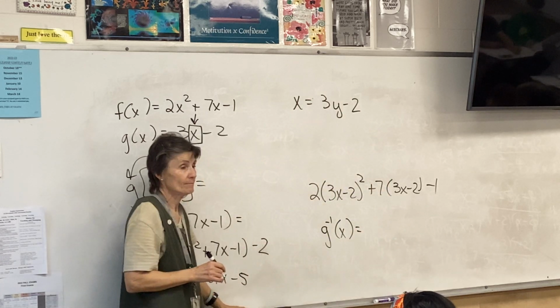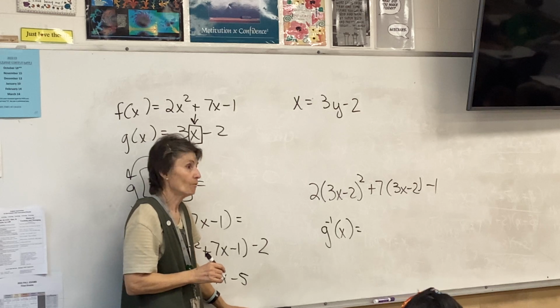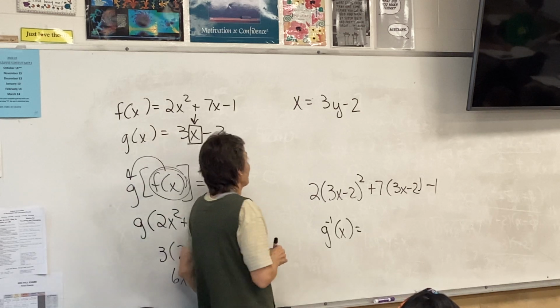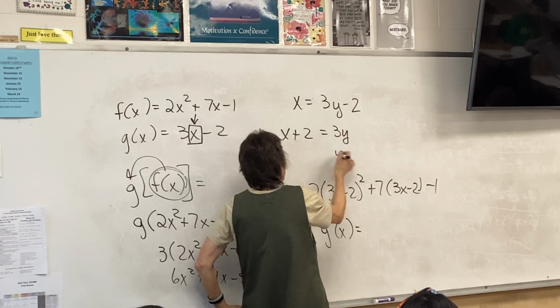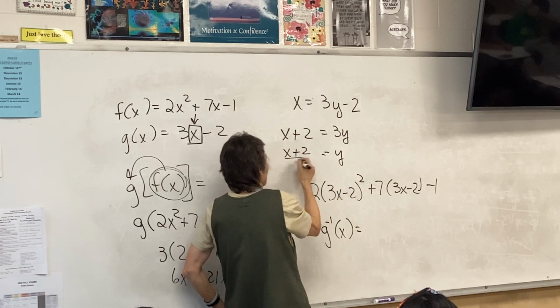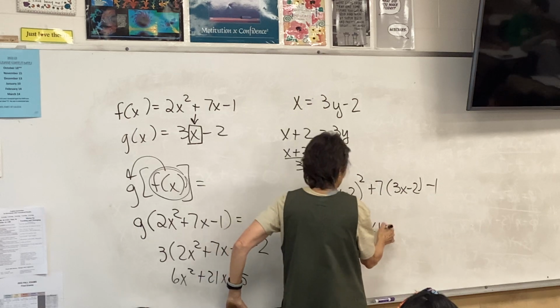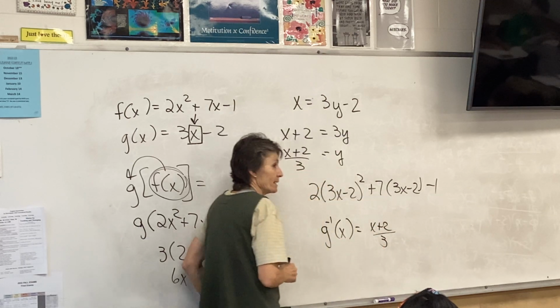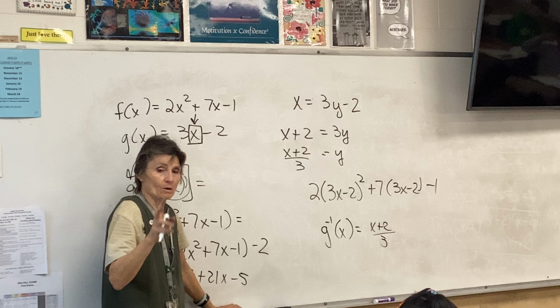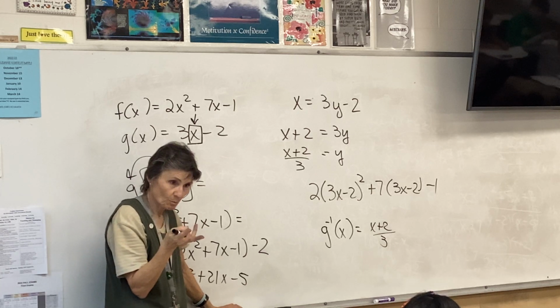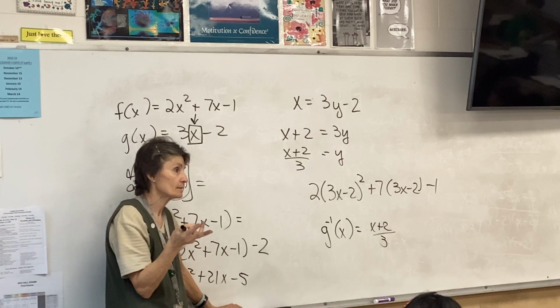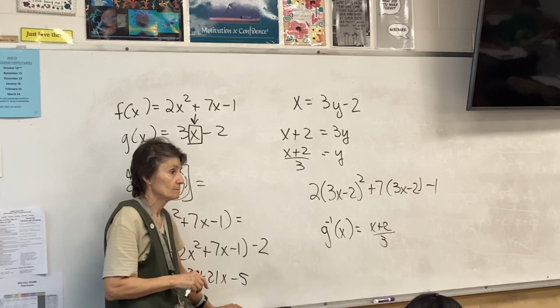And then solve for y. Get y by itself. So x plus 2 equals 3y. Y equals x plus 2 over 3. So that would be my inverse. So what are the steps to finding an inverse? Switch x and y and then get y by itself. Right?